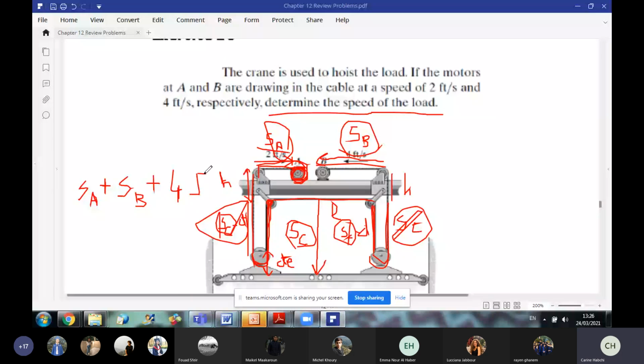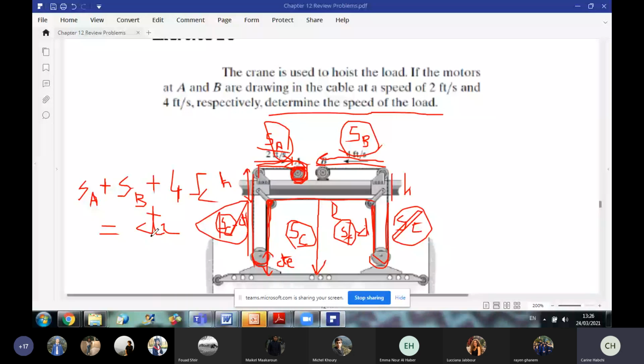I will lump all constants on the other side. I will add all constants together, plus or minus, it doesn't matter. They will give me 1 constant at the end. So my equation here will be SA plus SB plus 4SC equal to constant.